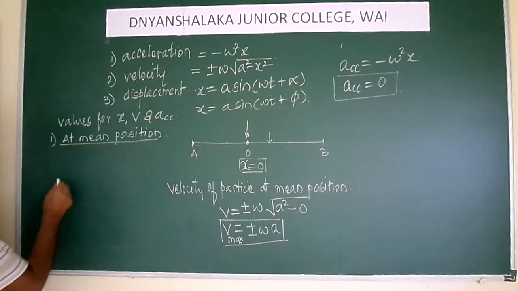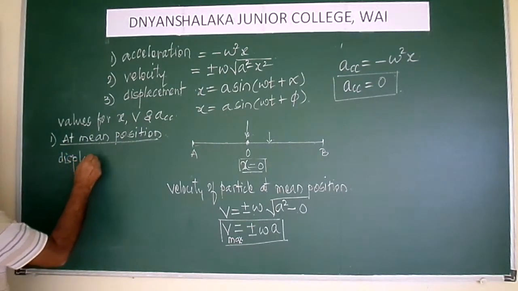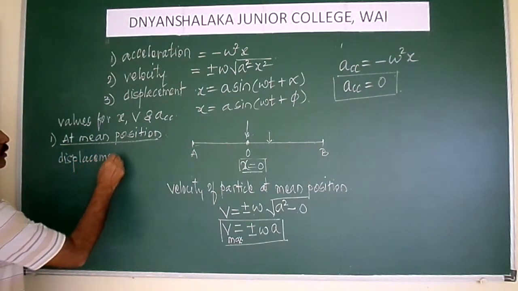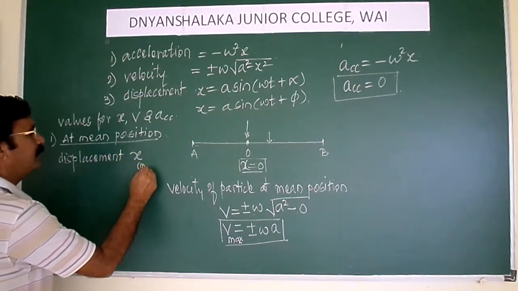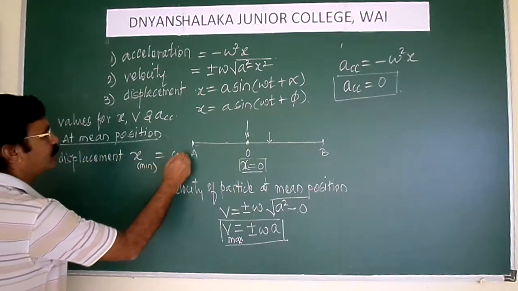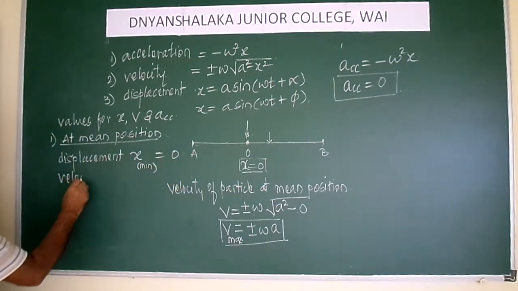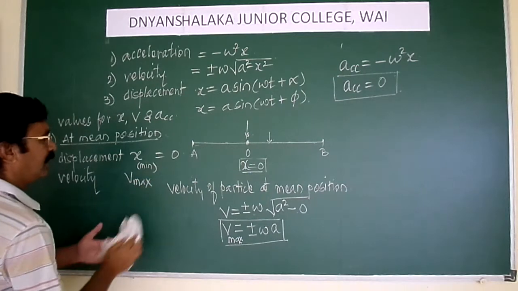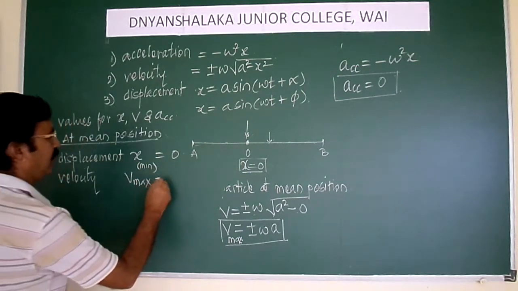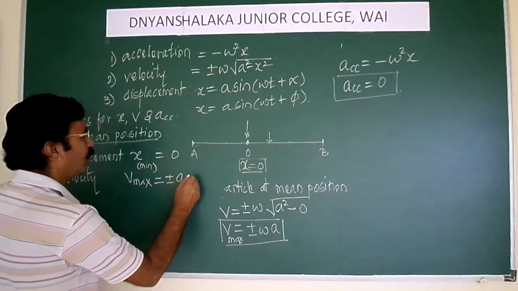At mean position, displacement x is minimum and it is equal to 0. Velocity v is maximum and it is given as plus or minus a into omega.